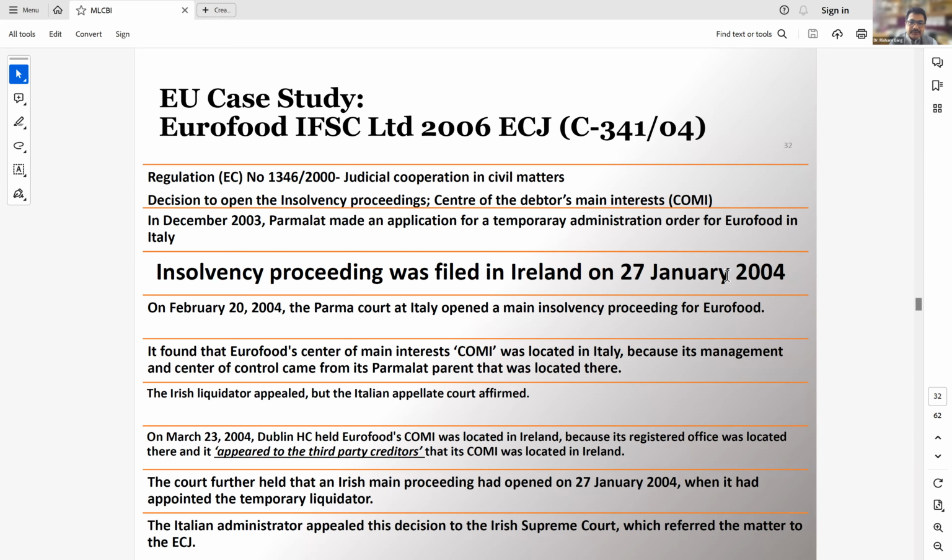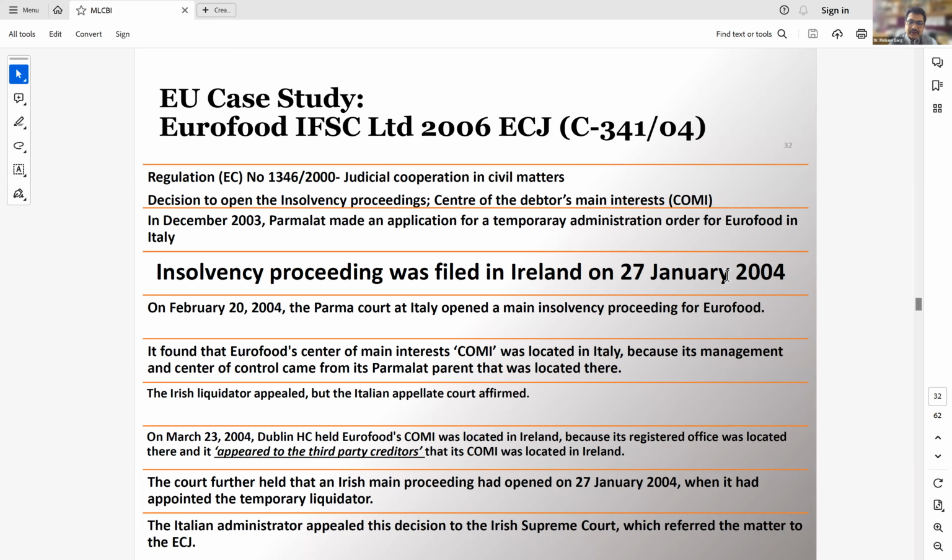But by this time, apparently the Italians realized that this application in December 2003, which was labeled as a temporary administration order, may not be classified as an insolvency proceeding. So then in February 2004, they filed a regular insolvency application for Eurofood in Italy at Parma. Parma was the place where the Parmalat Holdco was registered.